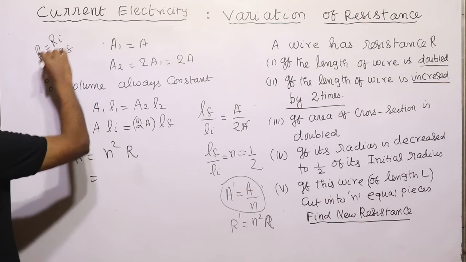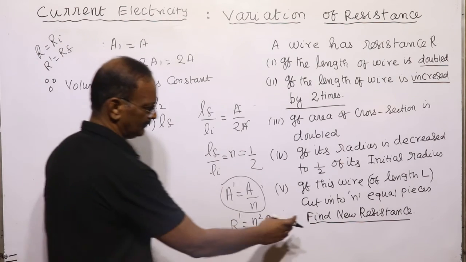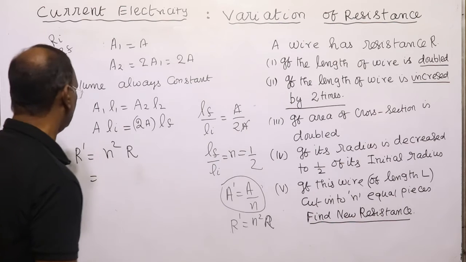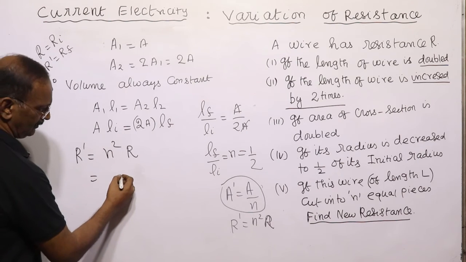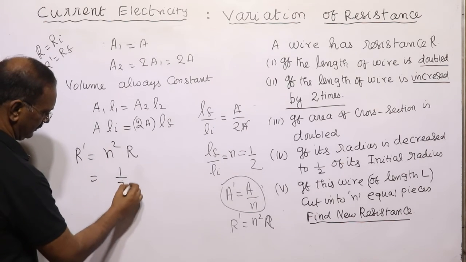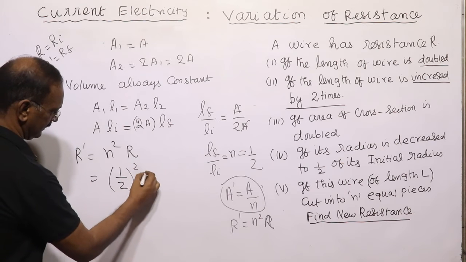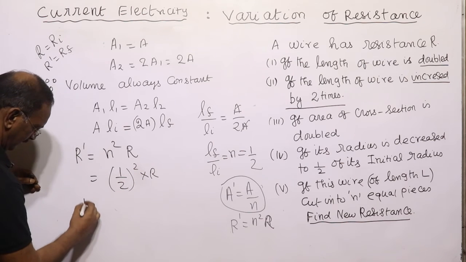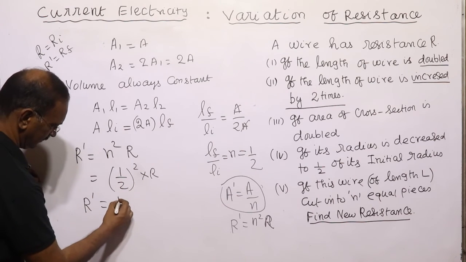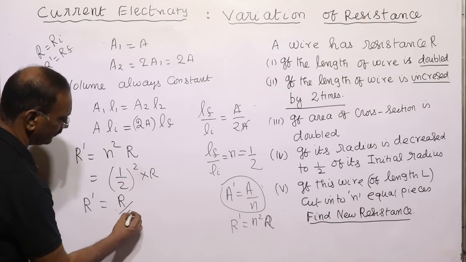We have to find R final, the new resistance. So R dash is equal to 1 by 2 whole square into R. Therefore, final resistance R dash is equal to R by 4.